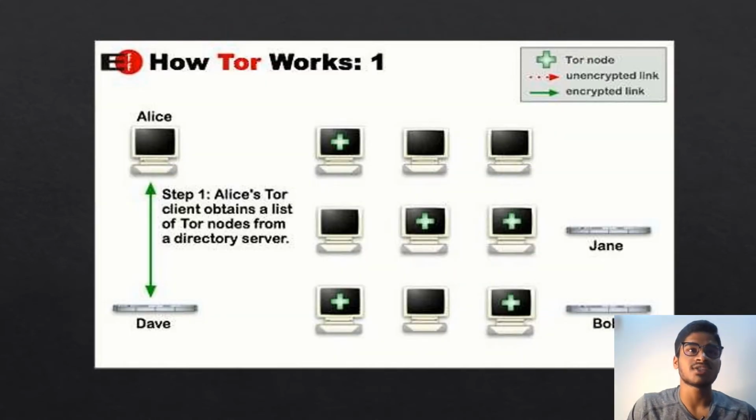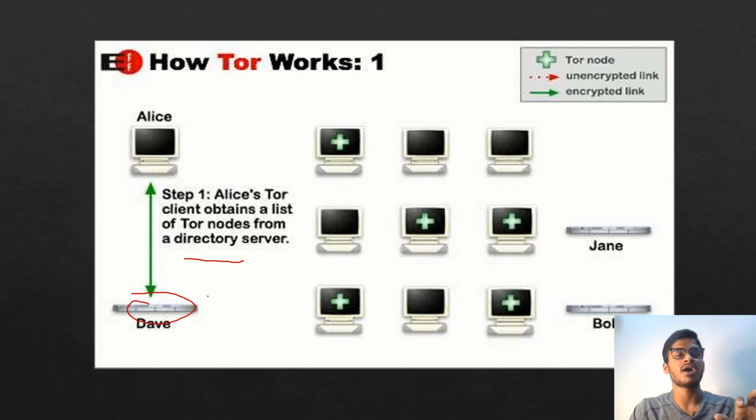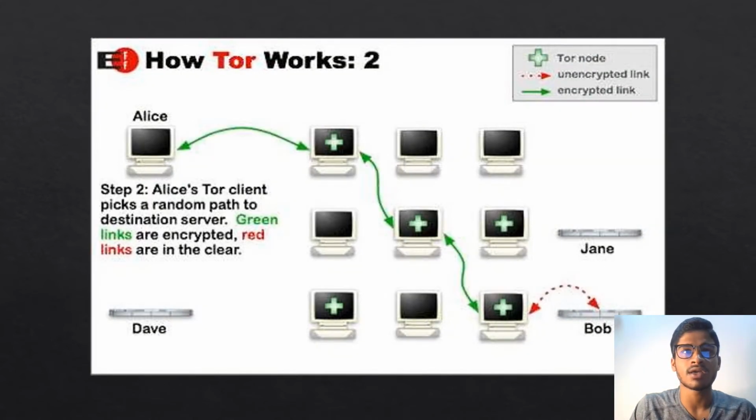Okay, how Tor works, I already mentioned it. Here, Alice's Tor client obtains a list of Tor nodes from the directory server. I'll just mention it here. See, there is a directory server here, and from there she gets the number of nodes and the addresses of the nodes. When Alice wants to send something, she passes it through a node, and that goes to another node, and then to another node, and then to Bob.